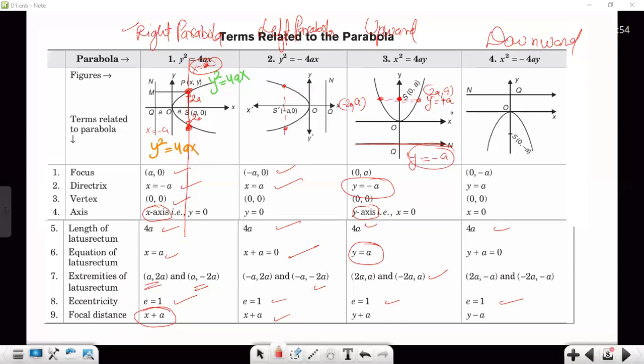And that we call the focal distance, the distance between the point and the focus.